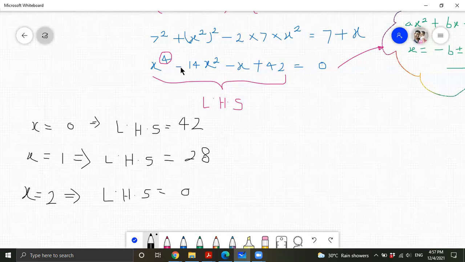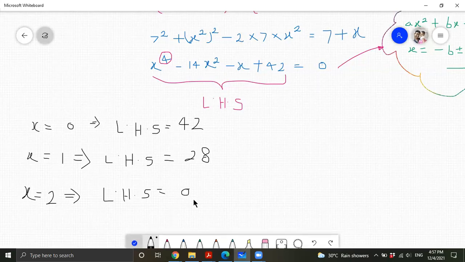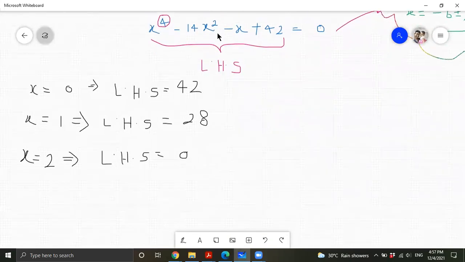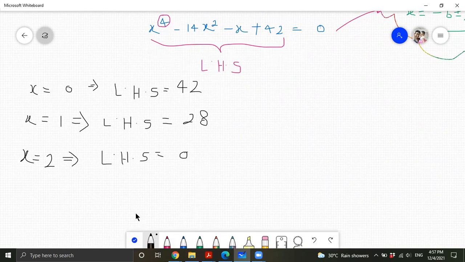2 to the power 4 is 16, minus 14 into 2 is 28, minus 2, plus 42, that's basically going to be equal to 0. We have found the solution for this equation, the root of this function, that is, x is going to be equal to 2.